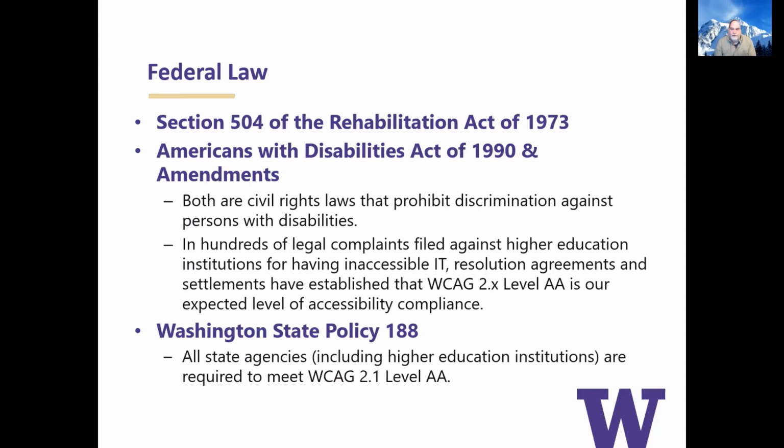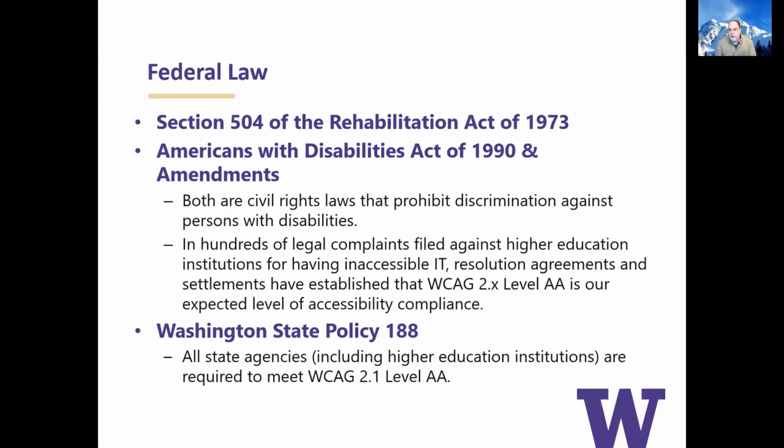We hear a lot about that. Essentially, it's civil rights laws, and I try to approach things from the viewpoint of doing the right thing, from an ethical basis, and also of who's going to get the most benefit from our efforts in education. But we do have some legal standing behind what we do. We also in Washington State have a state policy for any state organization.